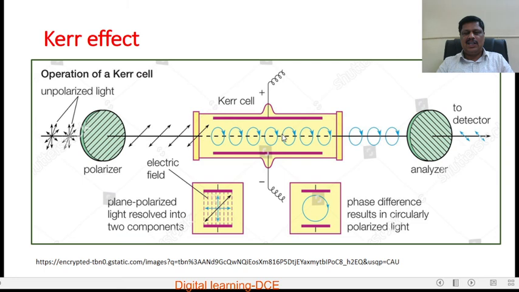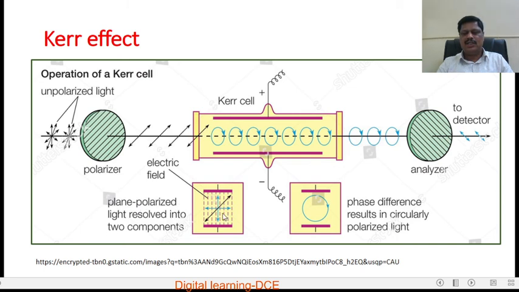In a Kerr cell, we apply a strong electric field by placing two electrodes, a positive anode and a negative cathode, and the emergent light is observed through an analyzer connected to a detector.